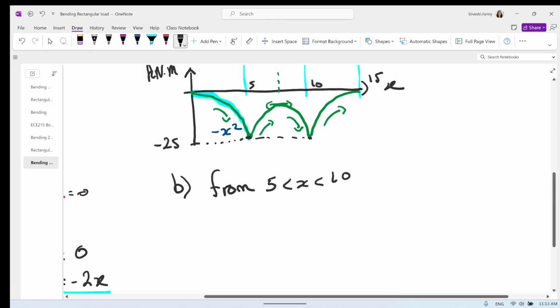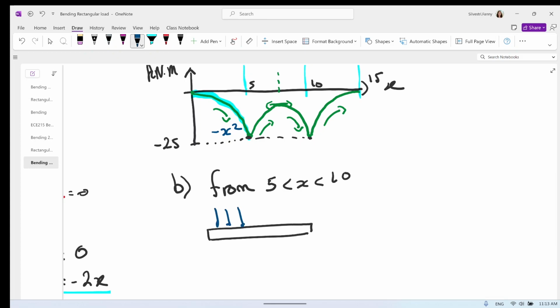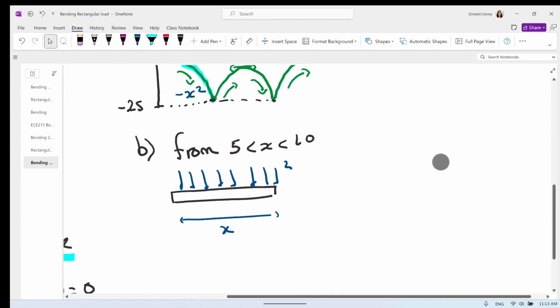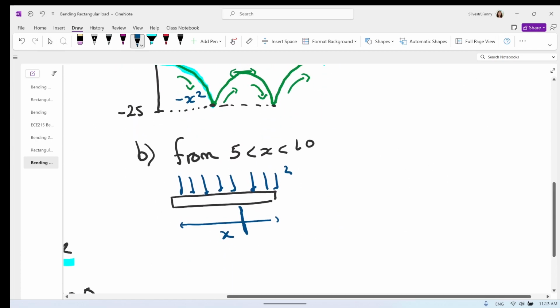So free body diagram: we have the distributed load, that is 2. We have that distance, that is x. And we have the AY at 5, that is 15 up. So we have 15.